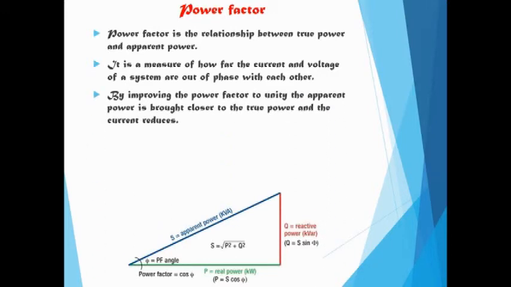By improving the power factor to unity, to convert cos phi to 1 or bring it as close as to 1, the apparent power is brought closer to the true power and the current reduces. So the apparent power comes down as close as possible to this, and it also reduces the current, and that sorts the power factor.